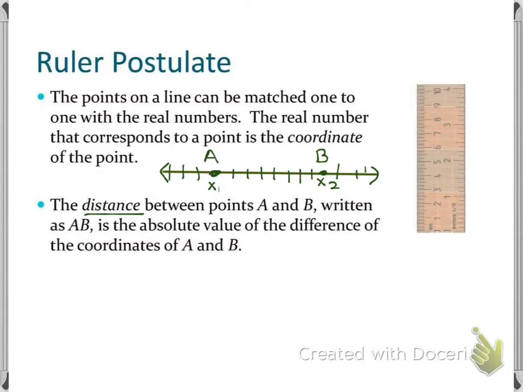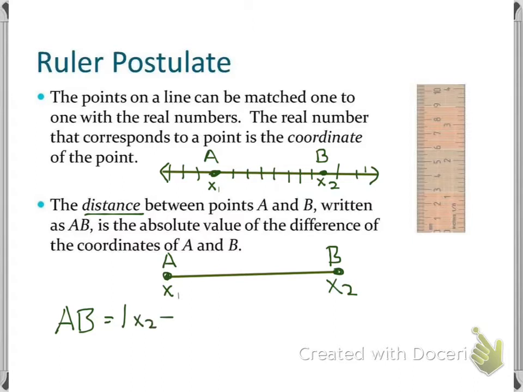So now I still take this segment AB that has coordinates, let's say they're x1 and x2 still, and it's saying that the distance, how far apart they are, which we write as AB, notice there's no bar or line on top, is the absolute value of their difference, x2 minus x1. We're getting a little complicated in the math, but we have to make sure that it's clear and we follow rules.